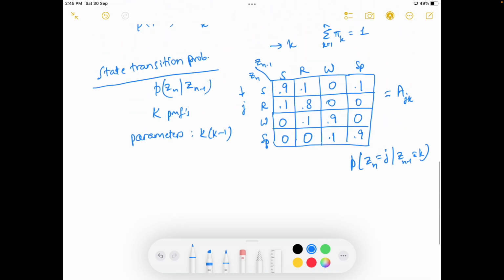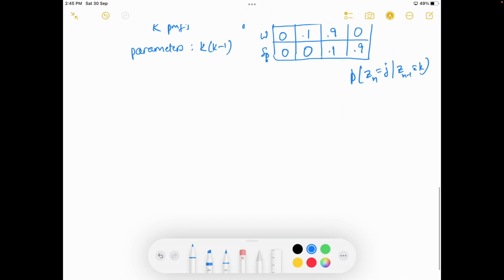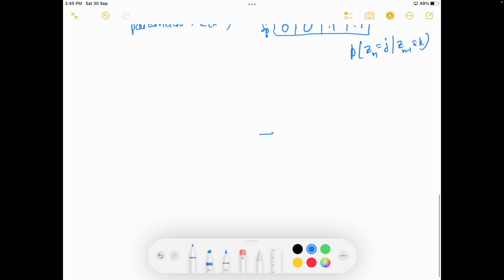There is another way to draw the whole thing. What I will do here is see n and n minus 1, the n is basically evolving with time, right? n plus 1, n plus 2, n plus 3. So you can take n on the x-axis and take all the states on the y-axis. Let's say this is my z1.